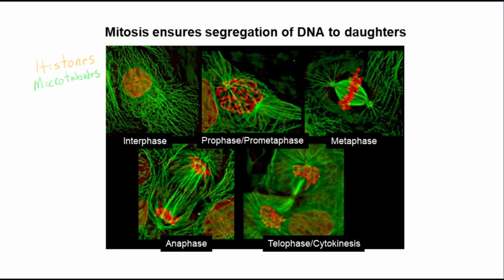The first subphase of mitosis is referred to as prophase. And here, the DNA starts to condense and go into that very, very tightly coiled and compacted state that we were just looking at. Then the cell enters into the next subphase of mitosis, what's called prometaphase. In prometaphase, a couple of things happen.